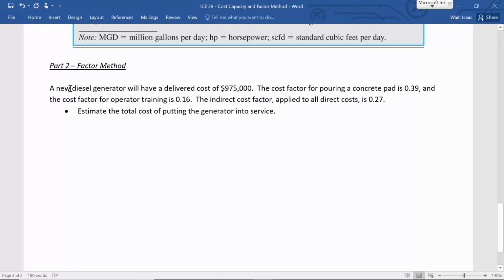Just the equipment itself is part of it, but then we also have to include the other factors, like the operator training and the concrete pad. So what we're saying is that a concrete pad is usually 39% of the cost of the generator, and the training is usually 16% of the cost of the generator. And that's just based on past experience.